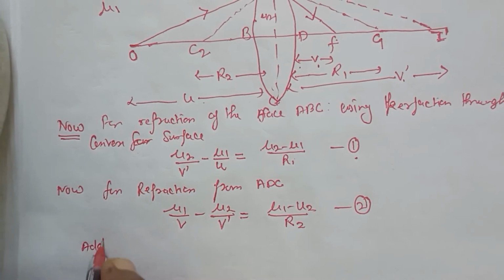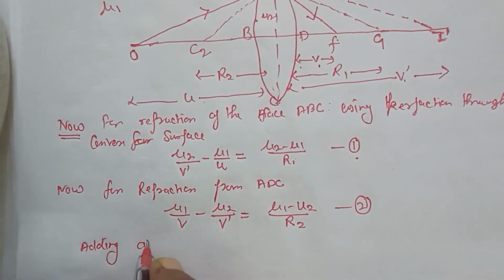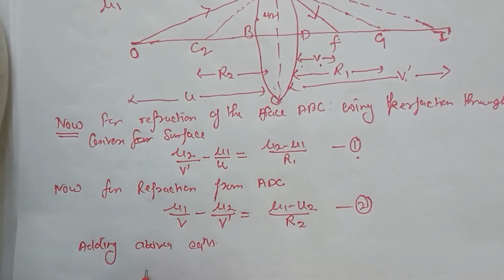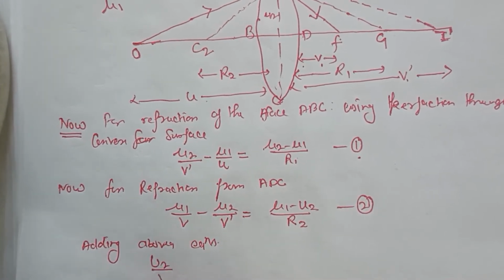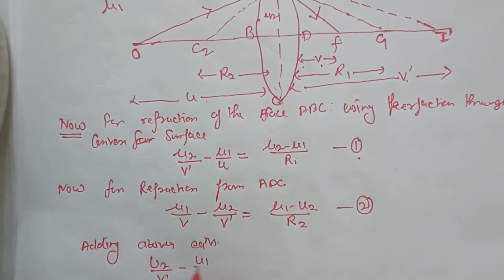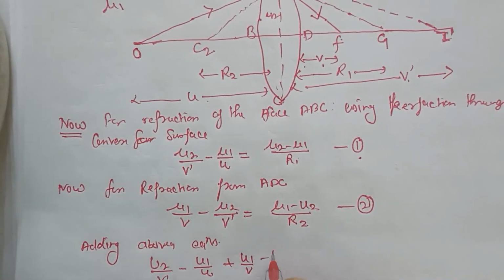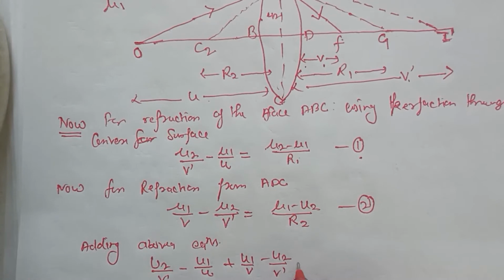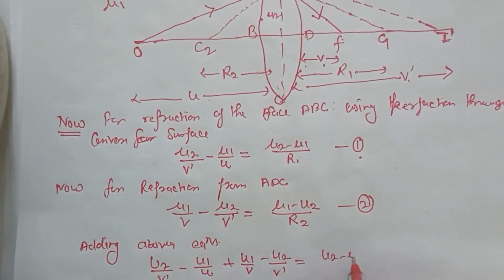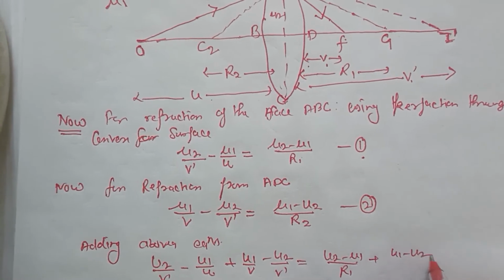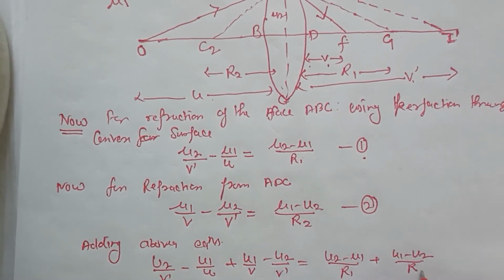Adding the above equations, mu2 divided by V dash minus mu1 divided by U plus mu1 divided by V minus mu2 divided by V dash equals mu2 minus mu1 divided by R1 plus mu1 minus mu2 divided by R2.